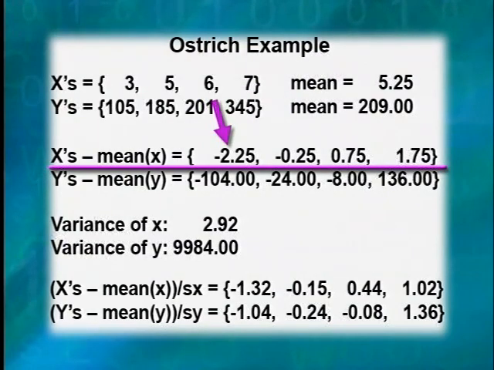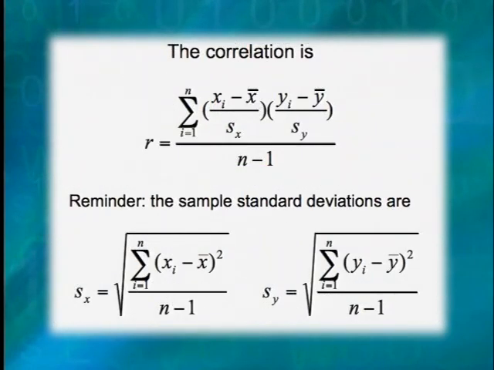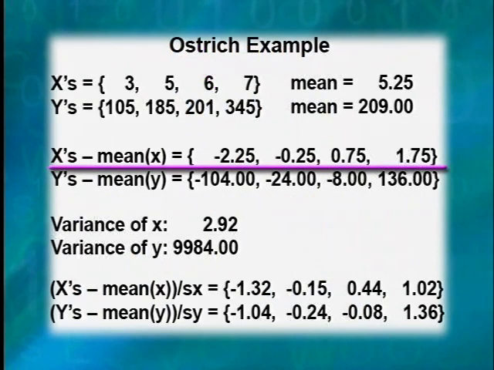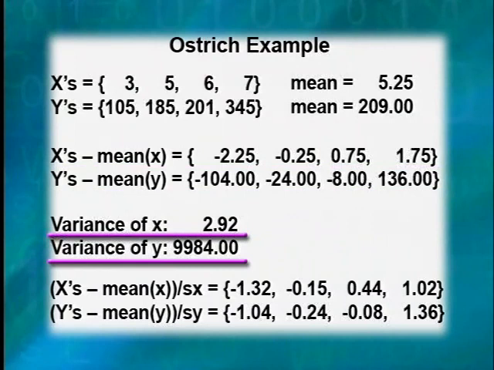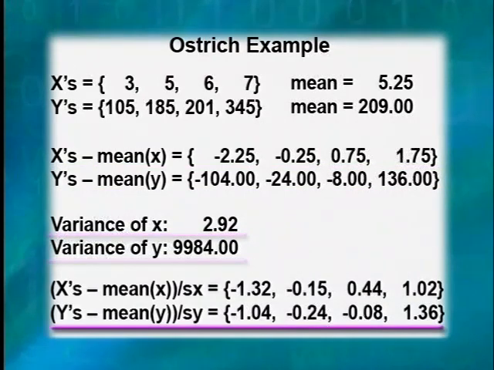Remember back here, I'll go back to our formula, where you see the first thing you do is subtract. For each value, you subtract the mean. So we subtract, we get these values, the differences from the mean, and we find the z-scores.